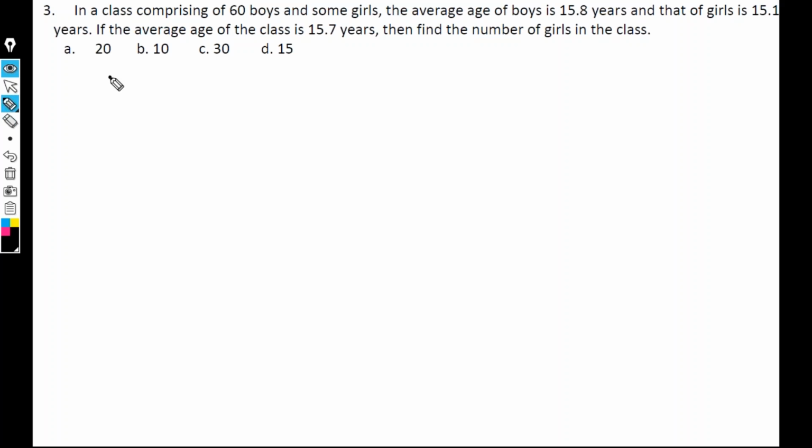Right, Shubham. All are correct. Good job. Good, good, everyone. All are correct. Good job. Good, good, good. All are correct.